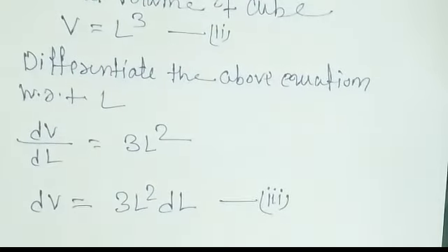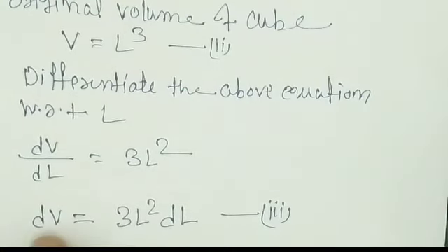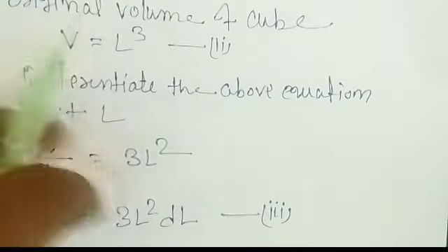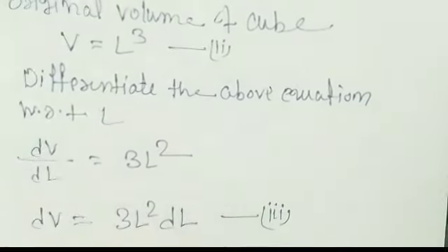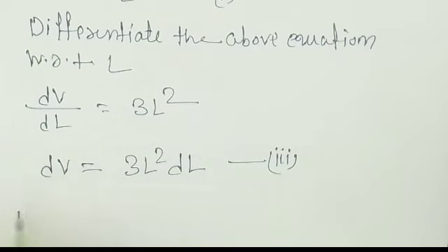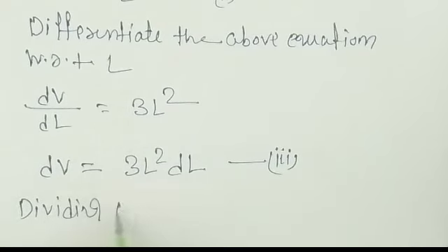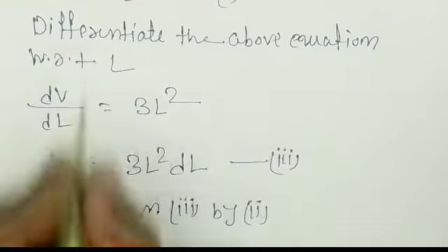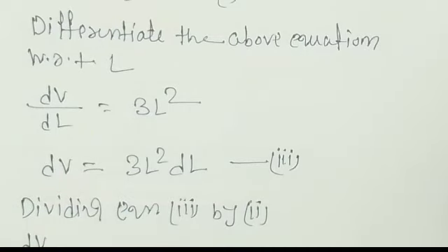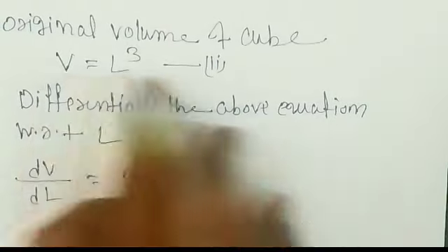Now, again if I see, this is your dV and this is the V, so we need to find out the volumetric strain, right? So if I divide equation 3 by 2, what we will get? dV by V, equation 2 is this one, right?